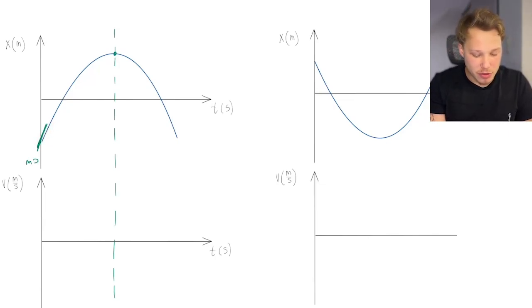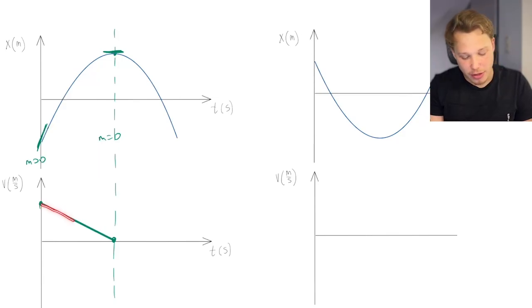So a positive slope means that my velocity is positive as well. And over here, my slope is 0. Therefore, my velocity is 0 as well. And as we see, the slope decreases as we go from this positive value to 0. So I will just connect this and we'll see that the velocity, just like the slope, decreases.